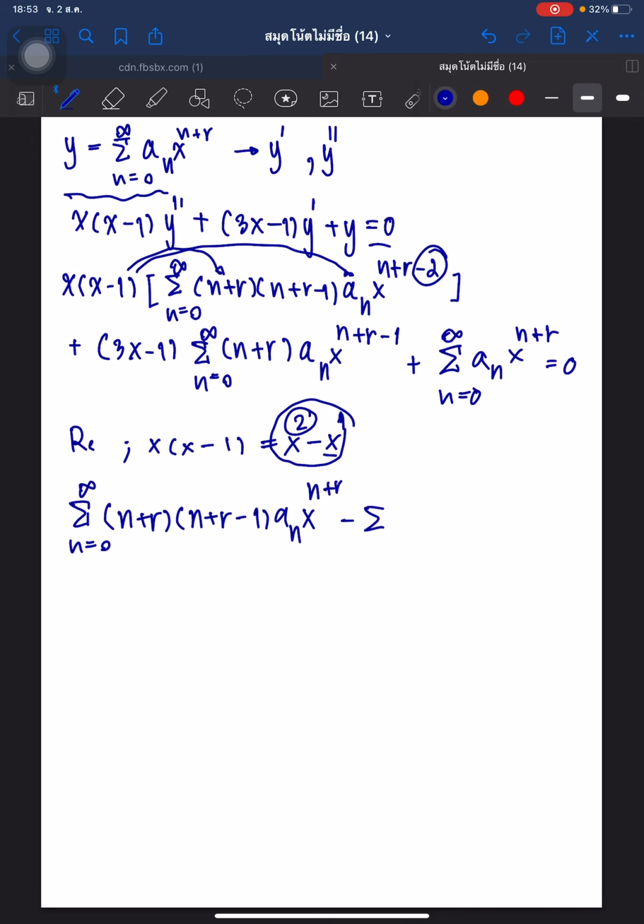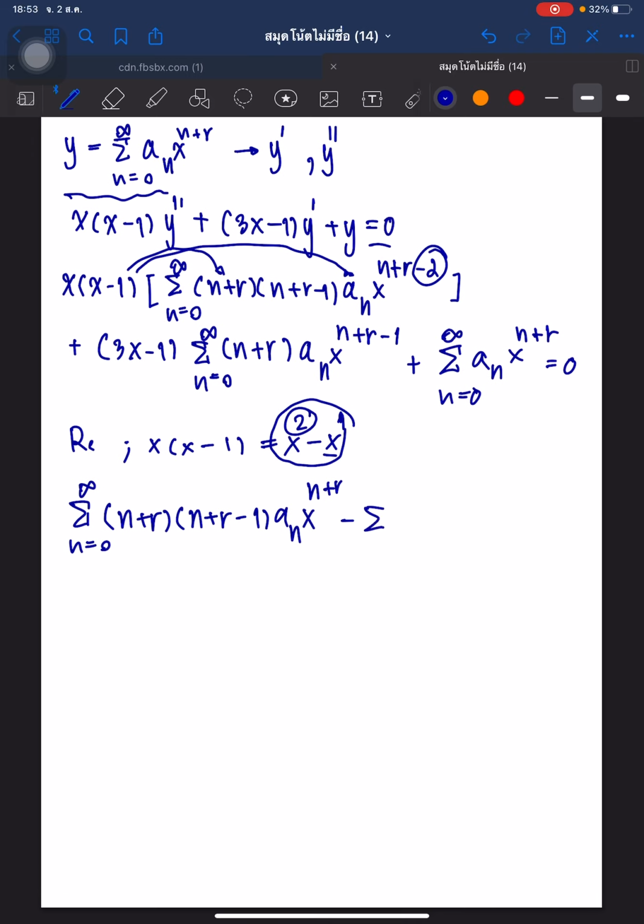This gives the sum of (n plus r)(n plus r minus 1) a_n x to the n plus r from the same term, and after the minus 2 it is minus 1, and the second term from the last equation, plus the sum of 3(n plus r) a_n x to the n plus r minus 1, and minus the sum of (n plus r) a_n x to the n plus r minus 1 from the same term, and plus the y term, the sum of a_n x to the n plus r, equals 0.